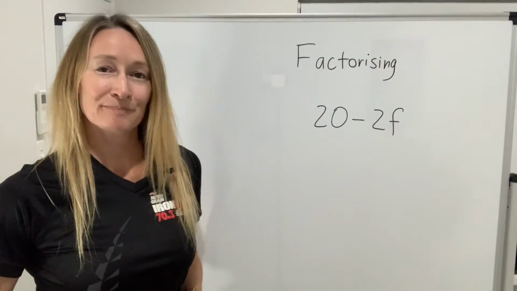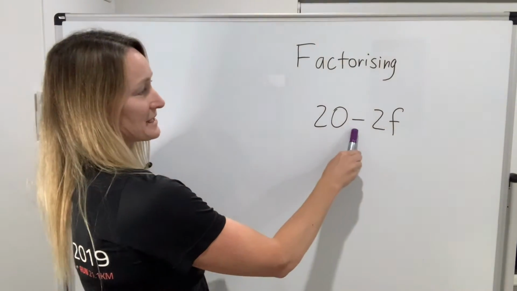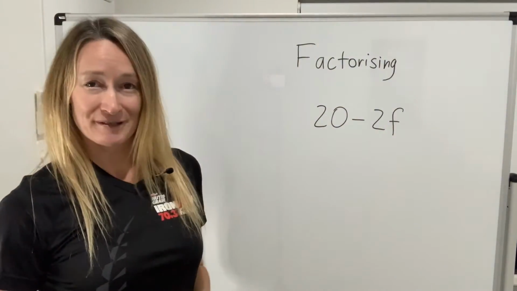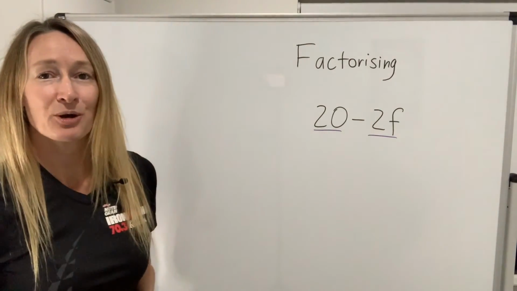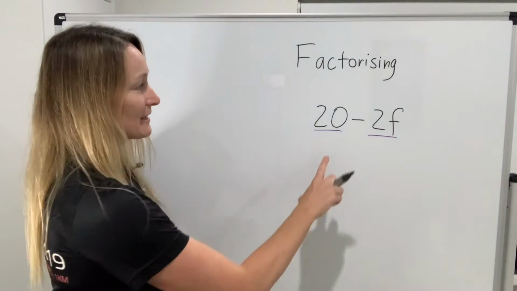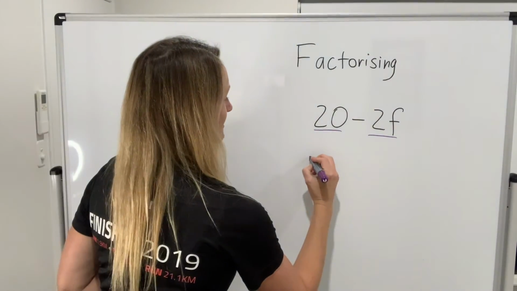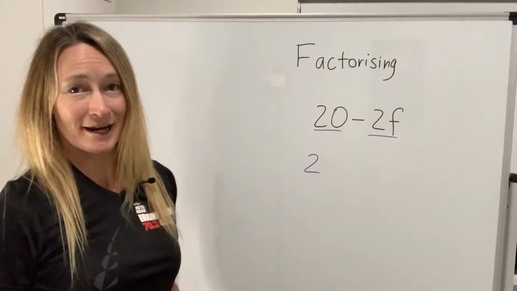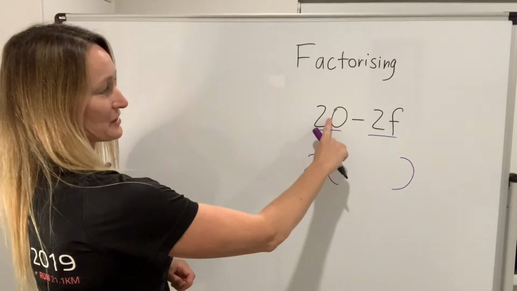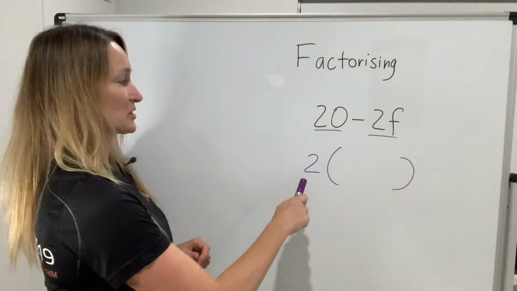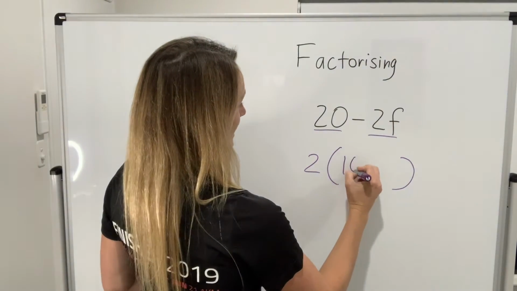Another example, this time with the takeaway there. We've got 20 take away 2f. First step, you're looking for what these two terms have in common, their highest common factor. They can both be divided by 2. So that's going to be my number outside of the brackets. I look at the first term, which is 20. So 2 times what gives me 20. We put a 10 there.